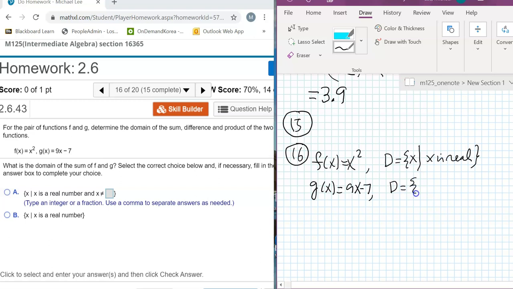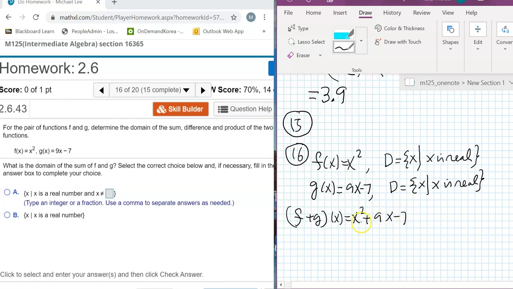Again, the domain is all real numbers. There is no restriction. X can be any real number. Okay. Domain is the sum of f and g. So f plus g, x is x squared.